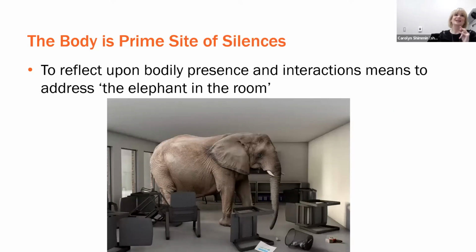And also just reflecting upon bodily presence and interactions means really addressing the elephant in the room. So by beginning to examine those silences and omissions in the research process, we can begin to critically examine how bodies can be implied in different ways.